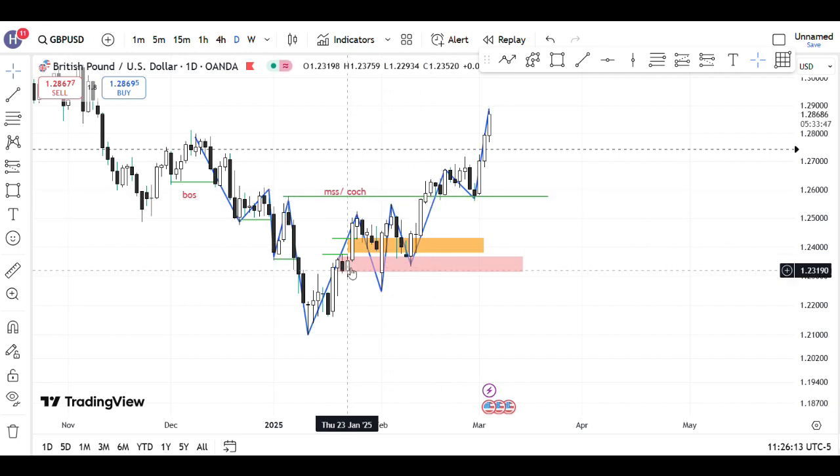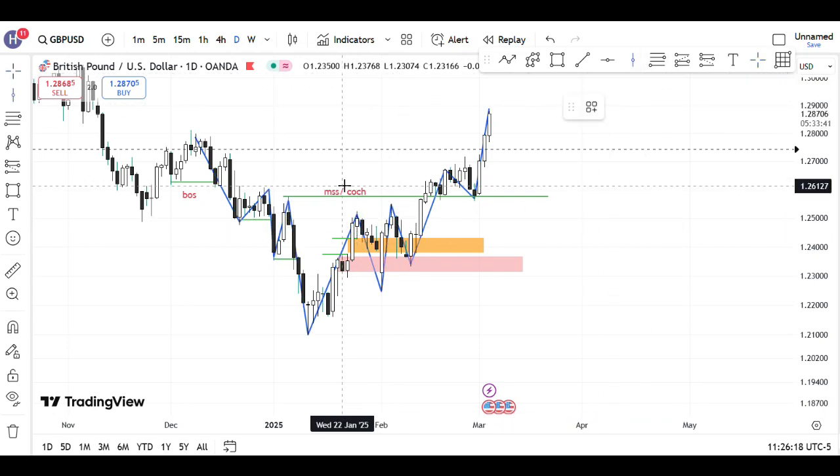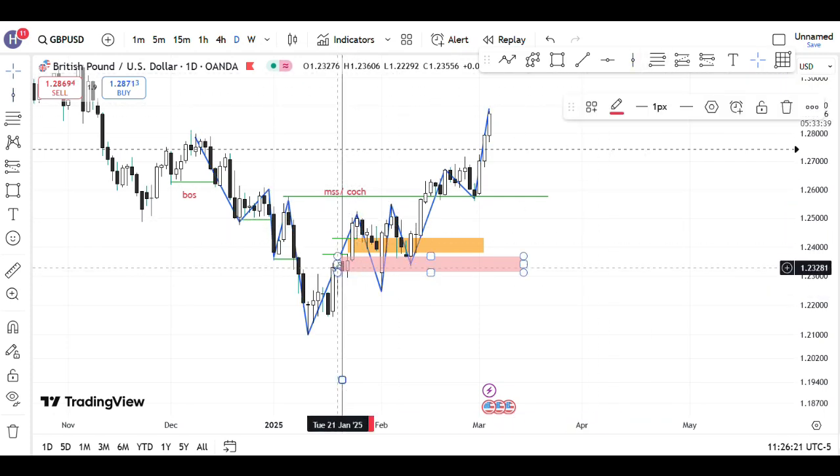But you can see this market structure shift goes here. So what do I use to get an entry from this point? See, from this point I need to get an entry. So what should I use? So here there is a break of structure, right? And in that break of structure there is a nice fair value gap, right?